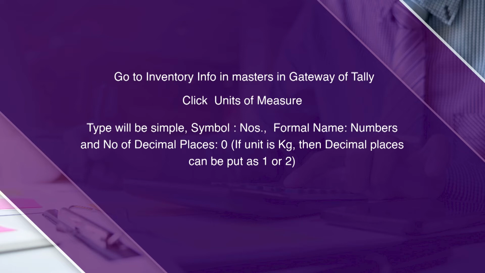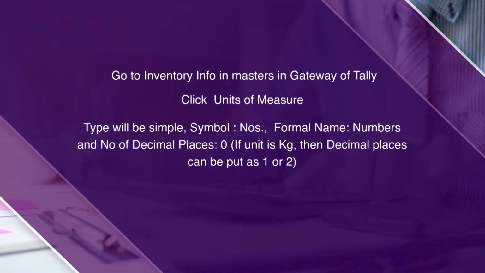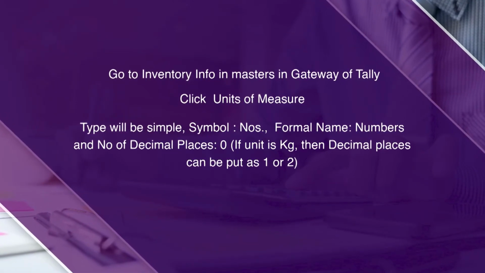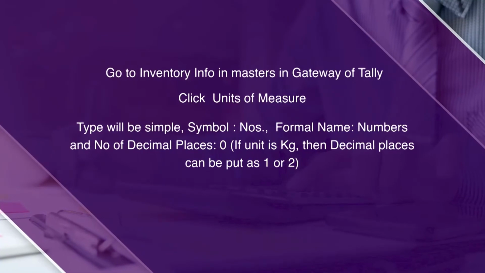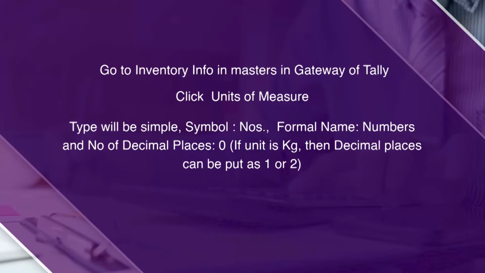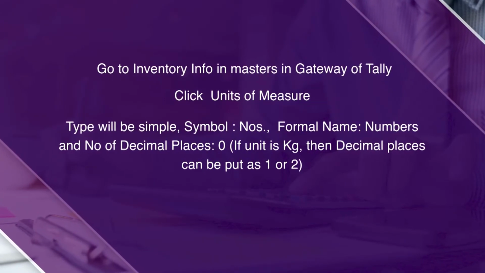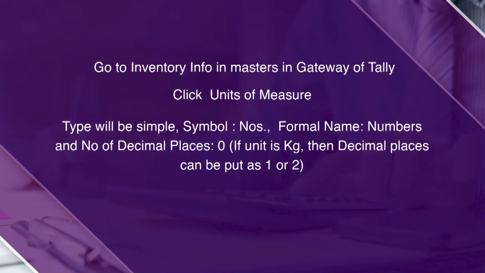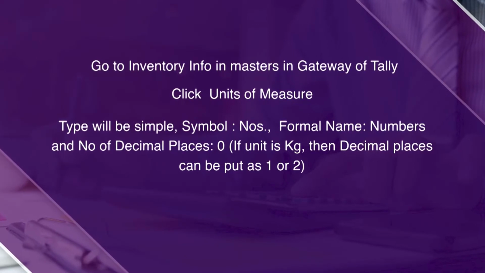Within simple one you will have the symbol. Symbol is numbers. You cannot write numbers here as formal name will be numbers. Symbol and formal name have to be slightly different. If you type numbers in symbol and the same as formal name as numbers, it will not accept. So you have to abbreviate the symbol. Here we have abbreviated numbers as NOS dot.